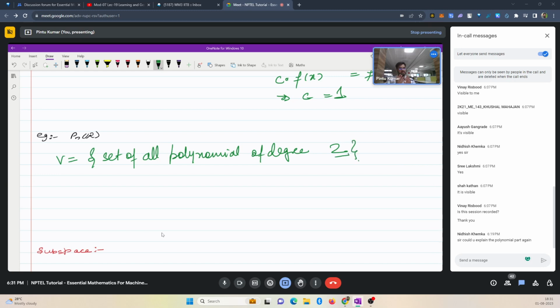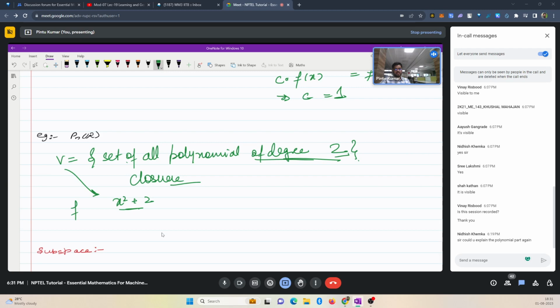Is this a vector space or not? We want to check. So what is the first thing that we had to check? First thing is closure. So let's say you have x square plus 2. This is an element of this set of all polynomials of degree 2. So this is a polynomial of degree 2, so this is an element of this set.